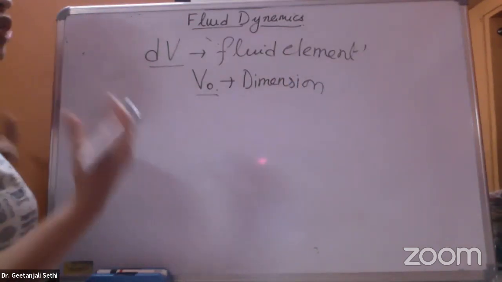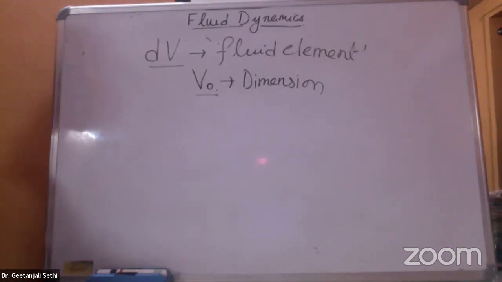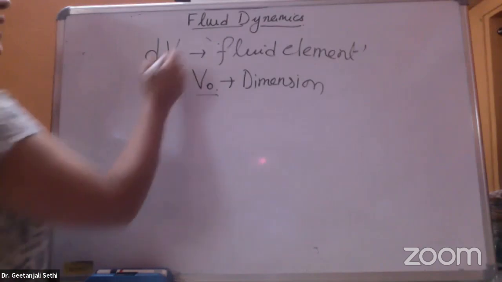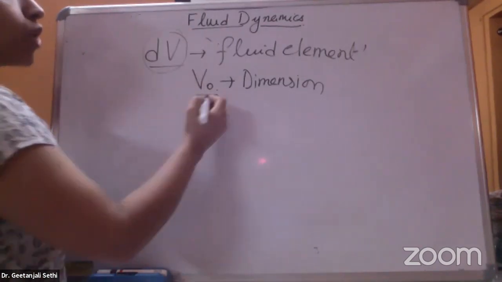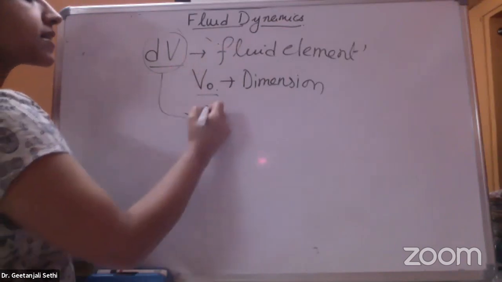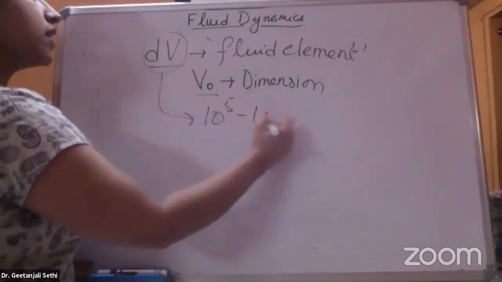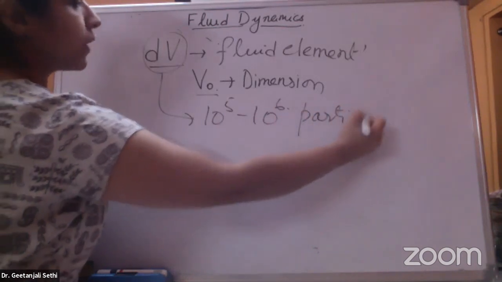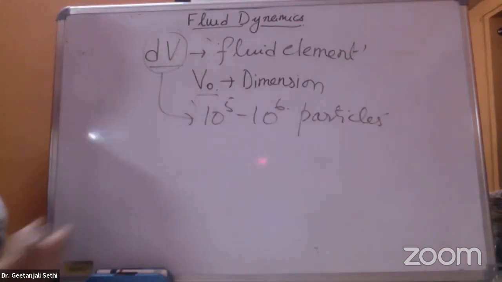Or if your fluid is a gas in a room, then V naught is the size of your room. And dV is a small volume element within this V naught, but it is sufficiently large to contain 10 raised to power 5 to 10 raised to power 6 particles of your fluid. So that's the definition of your fluid element.